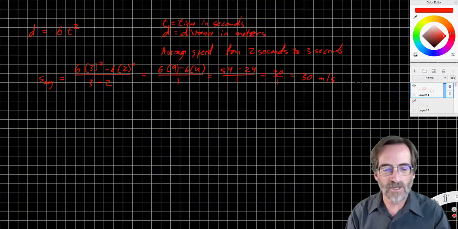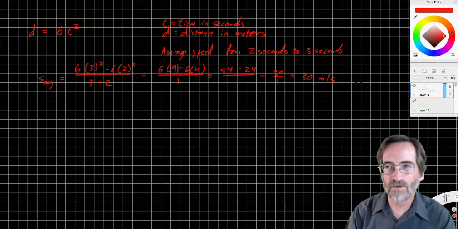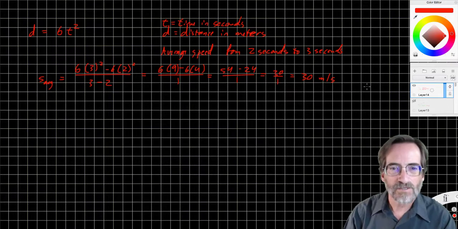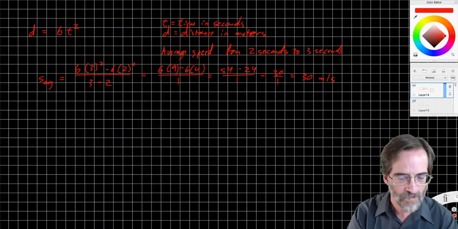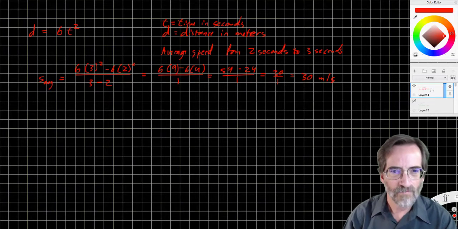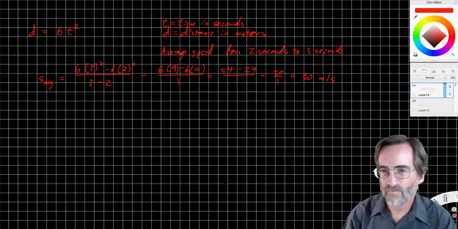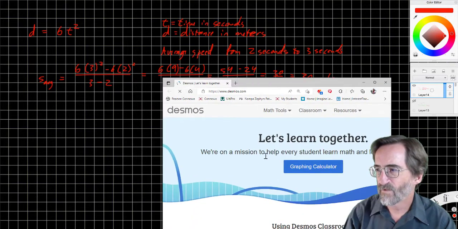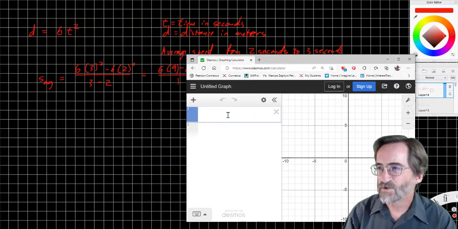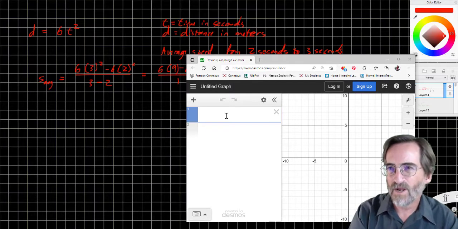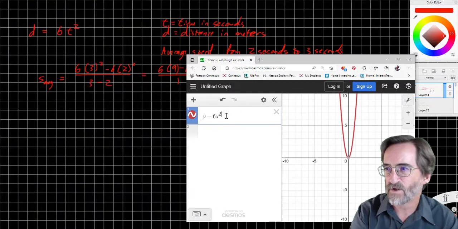But what's more interesting is to look at this graphically. So let me pull up Desmos here, and let me graph the function. Now, y and x are the variables of the day in Desmos: y equals 6x squared.